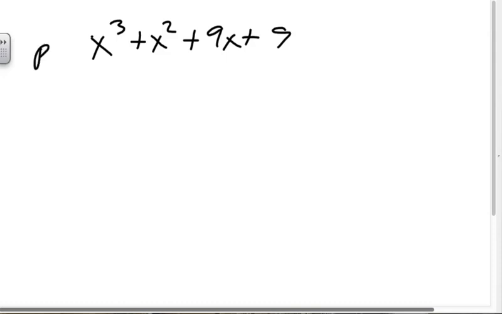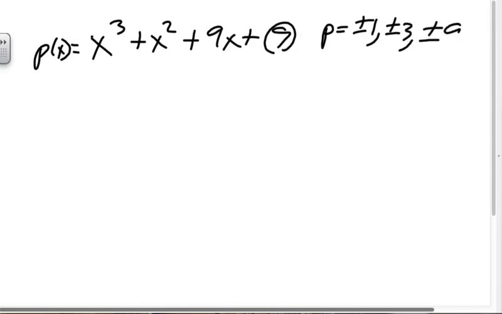This is my polynomial. And again, I want to factor it. Now, one way you can do this is to use the rational root theorem. So we know that 9, which will be my p, will be plus or minus 1, plus or minus 3, plus or minus 9.